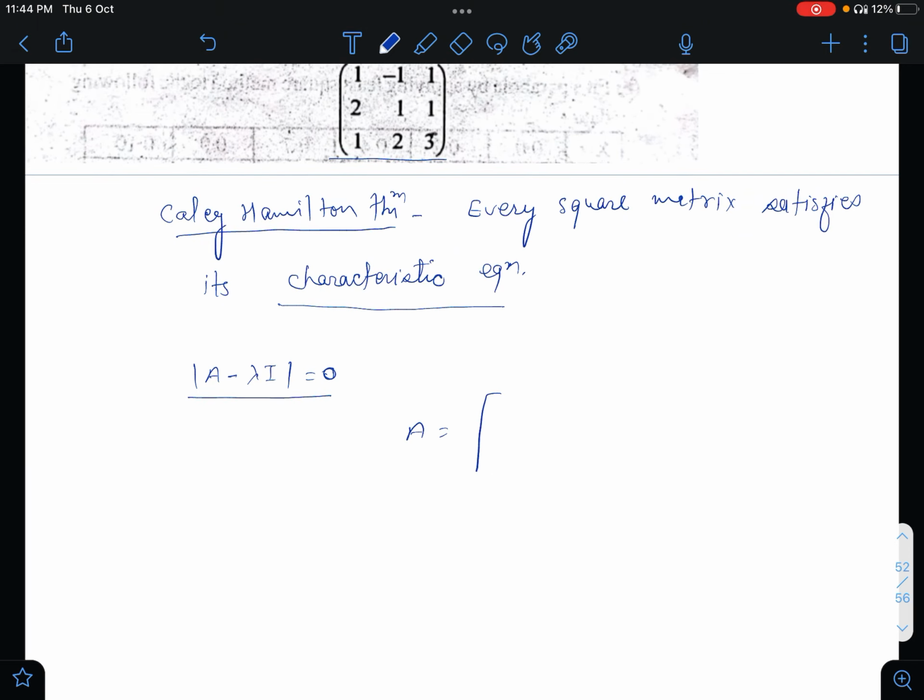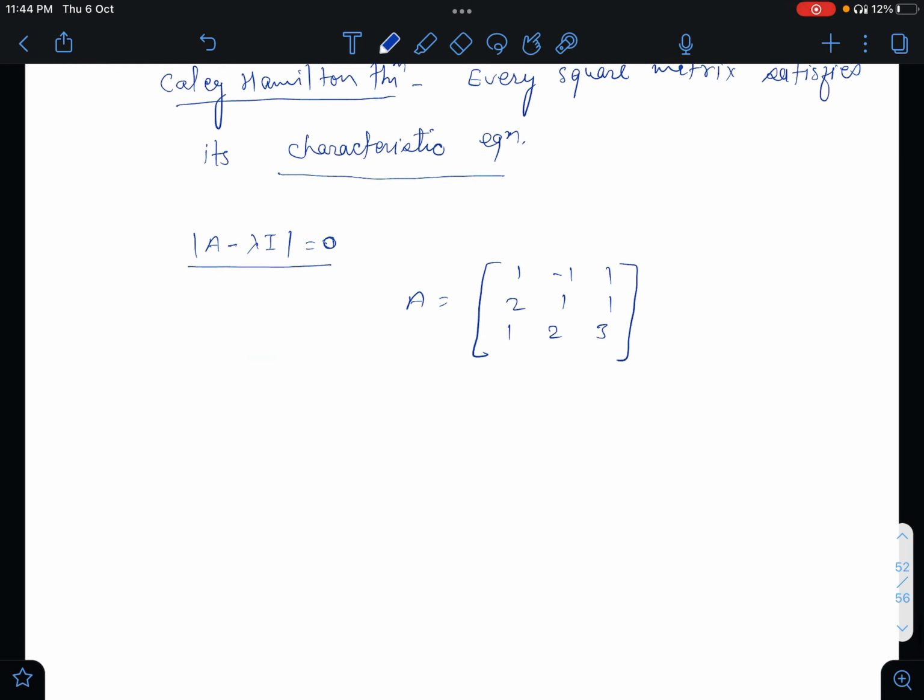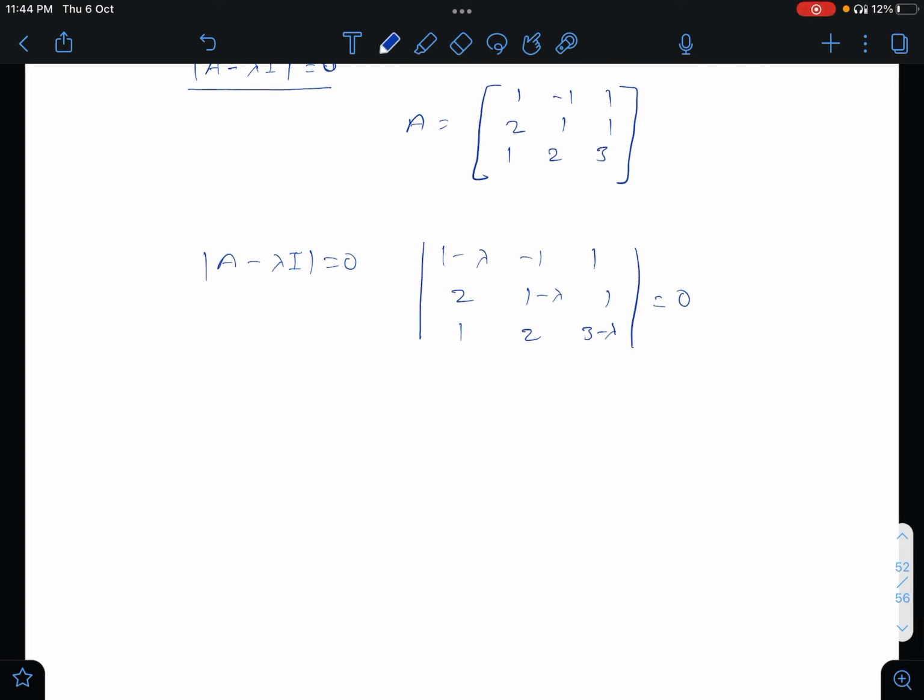The given matrix A is [1, -1, 1; 2, 1, 1; 1, 2, 3]. Its characteristic equation is the determinant of A minus lambda I equal to 0, that is, the determinant of [1-lambda, -1, 1; 2, 1-lambda, 1; 1, 2, 3-lambda] equal to 0.